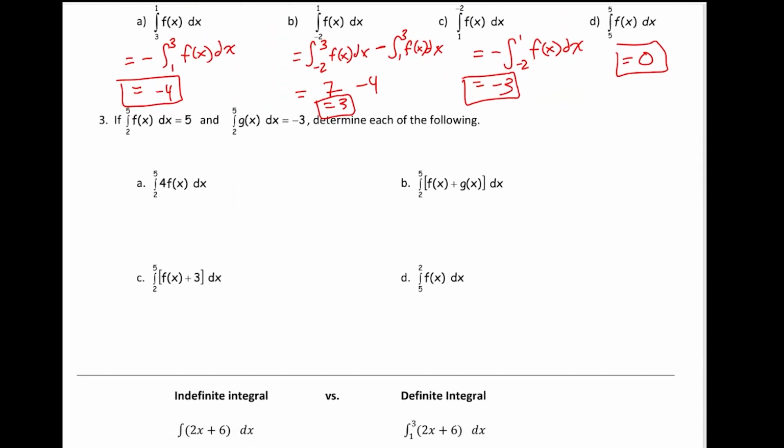Here's a few other problems that are going to take advantage of some properties that I think you'll find pretty intuitive. So for example, part A, we've got the integral from 2 to 5 of 4 f of x. You can simply factor out the 4 and rewrite this as 4 times the integral of f of x from 2 to 5.